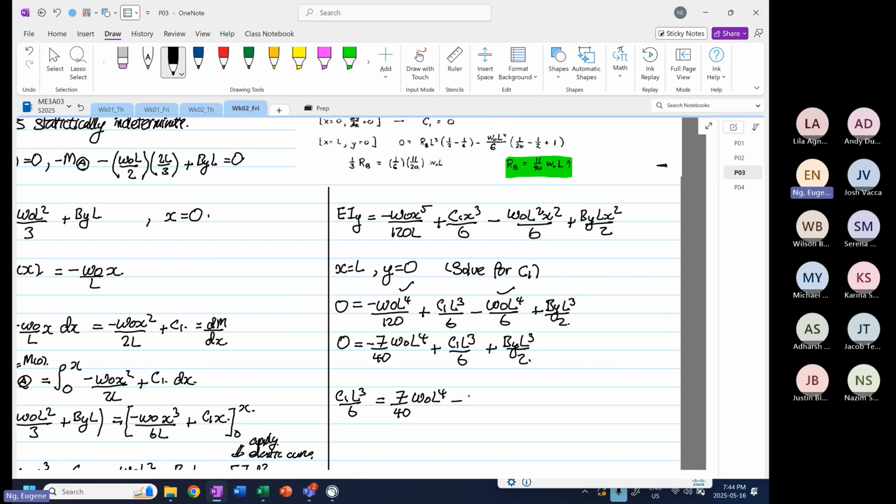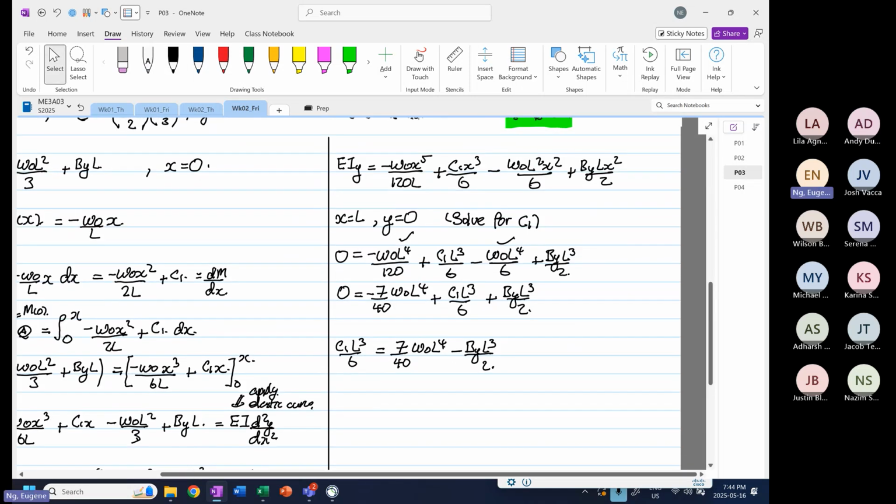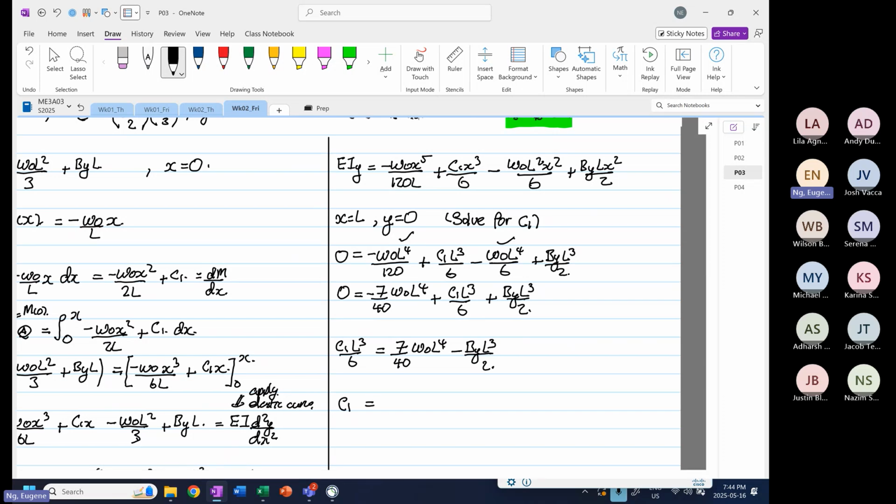And then minus B_y L cubed over 2. So from here, we know that C1 will be equal to 6 times 7 over 40, which is 21 over 20 omega naught L, and then minus 3 B_y.